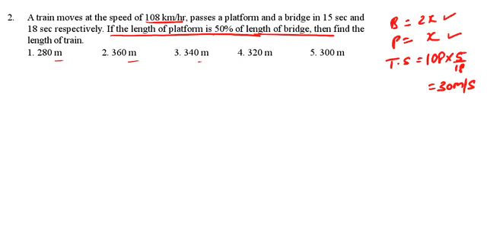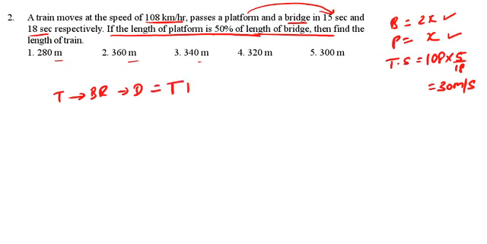Now when a train is crossing the bridge and platform in 15 seconds, platform 15 seconds, bridge 18 seconds. When a train is crossing the bridge, the distance is equal to train length.